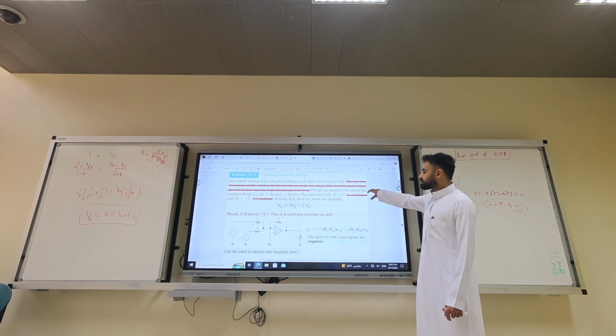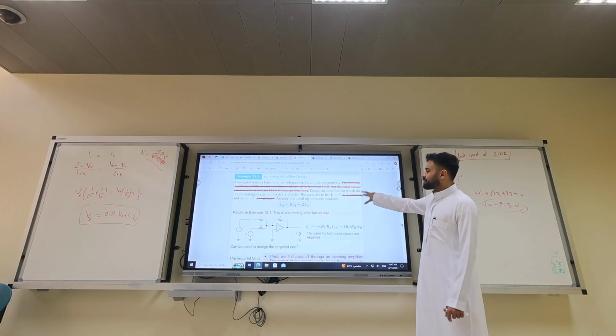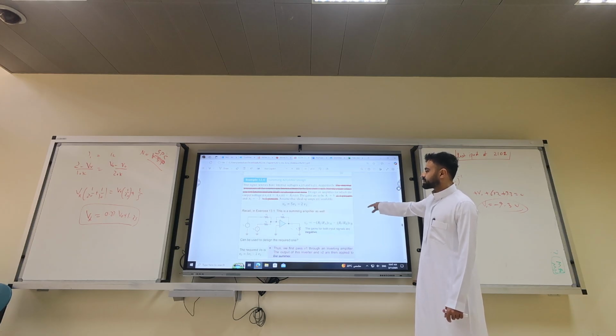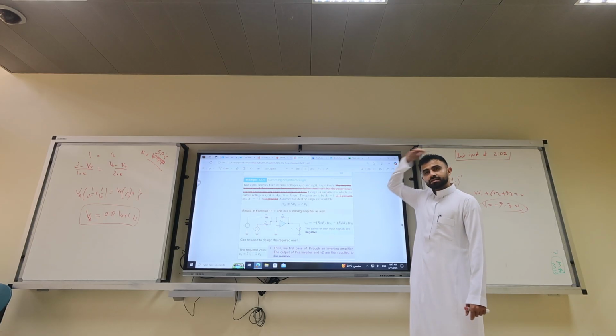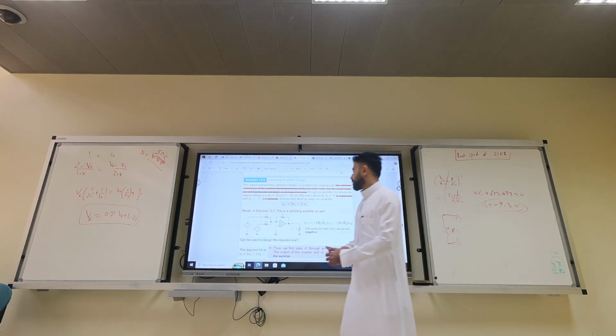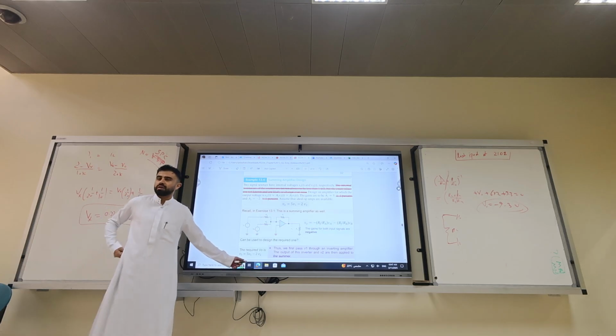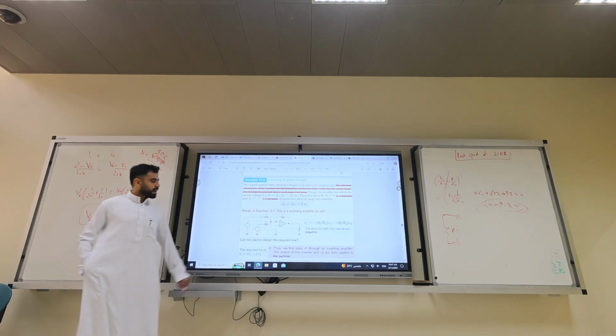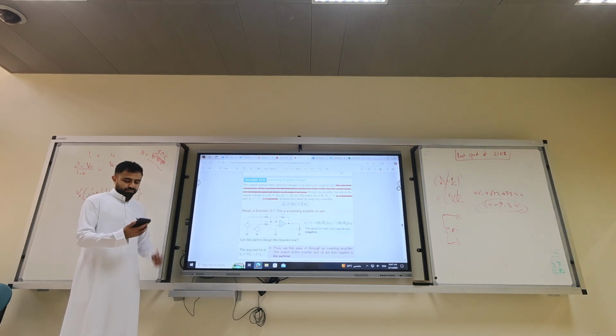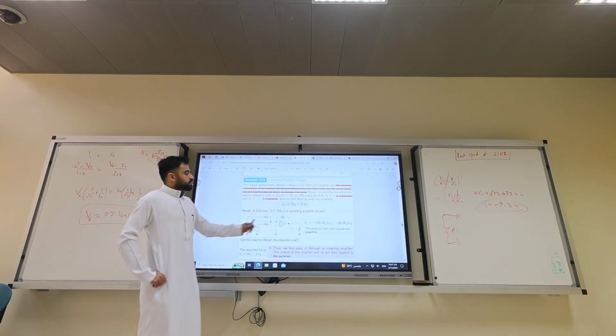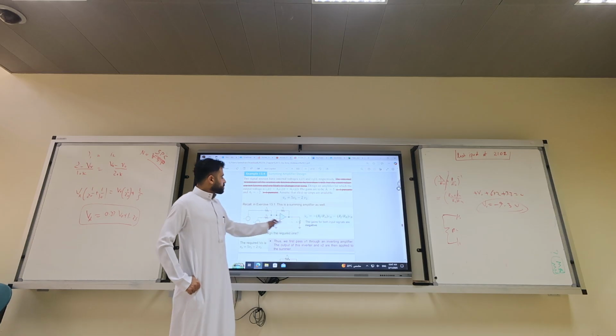For the summer, now this example is not completely required, but do you remember this circuit? Where we have 5V1 minus 2V2, I think we had 4V1 minus 2. Here we have it. So do you remember this equation?